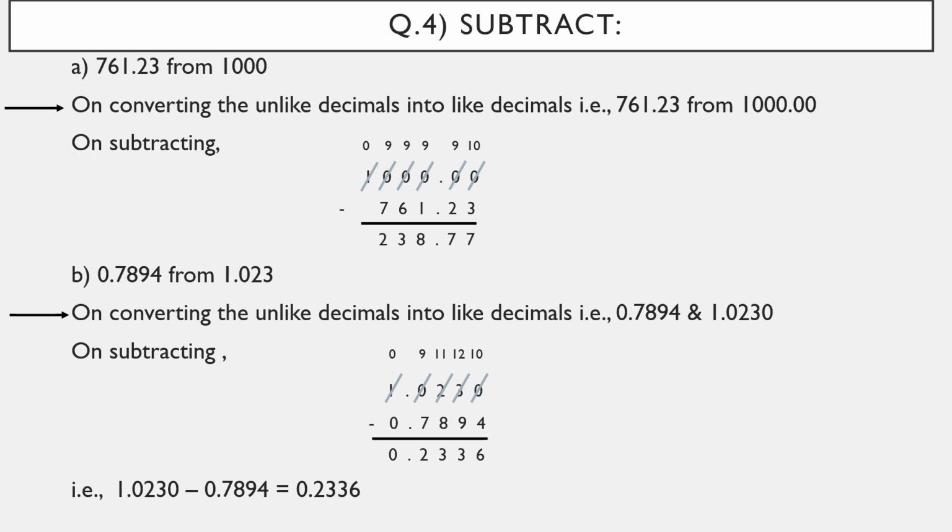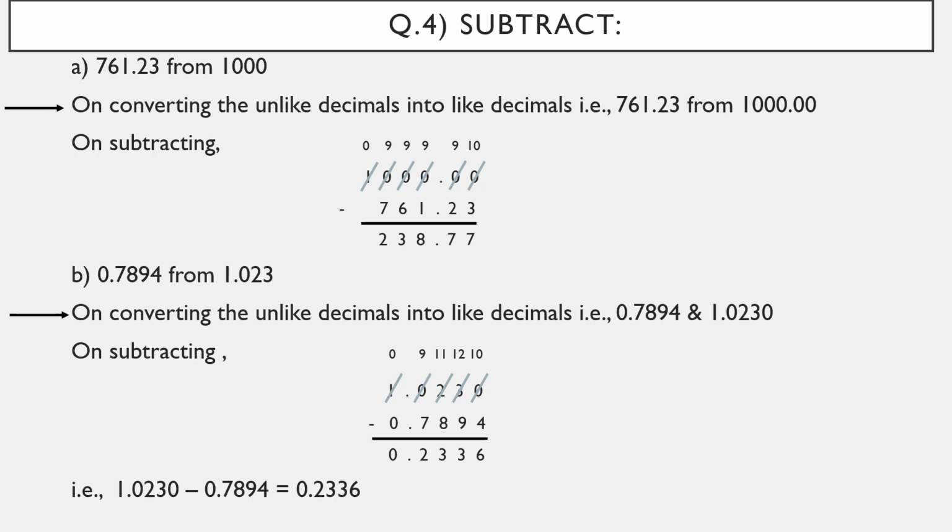Okay children, now we'll see how to subtract the given decimals. So we'll see question number 4, subtract 761.23 from 1000. As I said to you previously, first you have to convert unlike decimals into like decimals. Okay, so see, on converting the unlike decimals into like decimals, that is 761.23 from 1000.00.